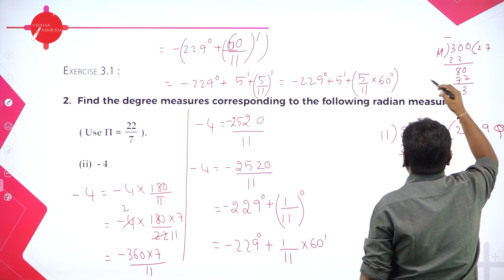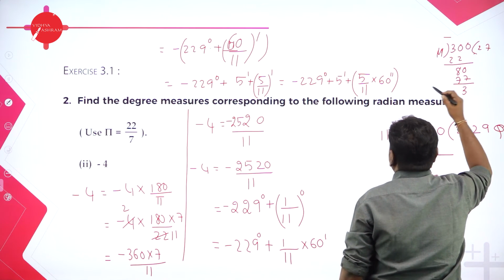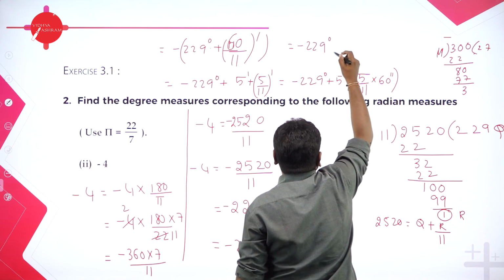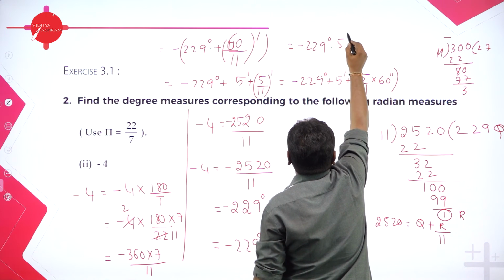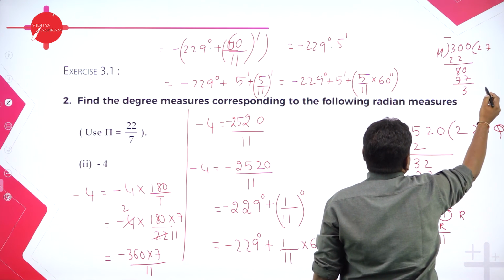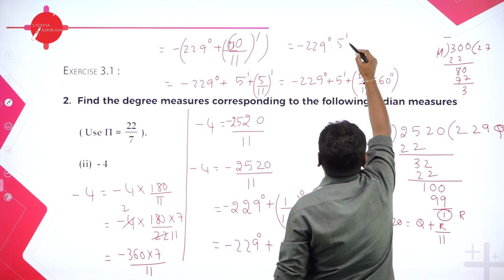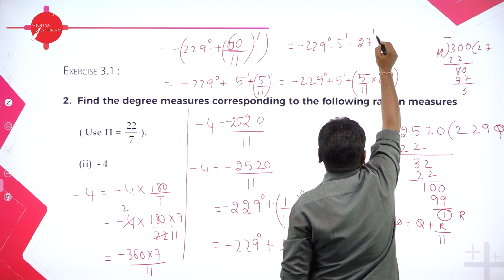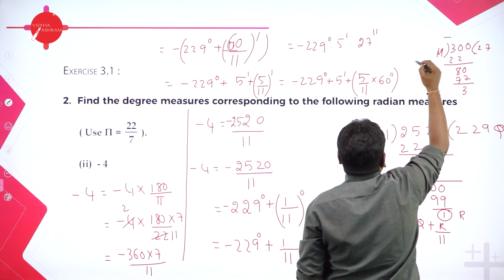So you can write this as what? The given number can be written as minus 229 degree, 5 minutes, and this can be written as 27 seconds into 3 by 11.